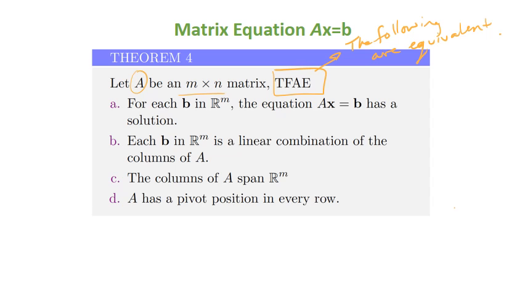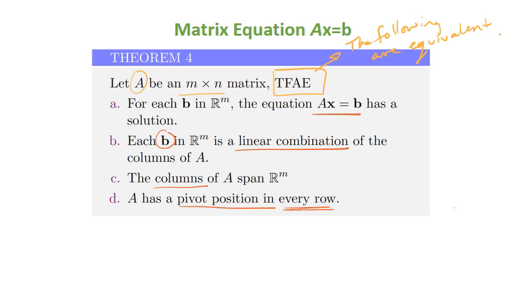And that's basically some of the things that we've talked about previously: that this equation does have a solution, that B is a linear combination, that the columns do span, and that there is a pivot position in every row.